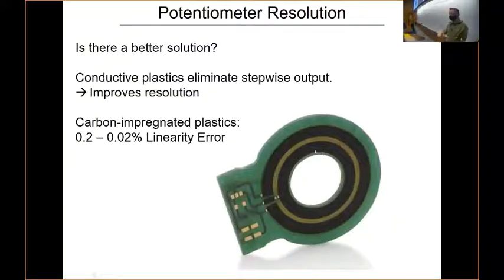Essentially it turns it from that discrete step-by-step thing to a continuous response. But you introduce other types of errors, and it's more expensive. So it has its downsides. One of those other errors comes from the carbon impregnated plastic's characteristics. You get a 0.2 to 0.02% linearity error with that.